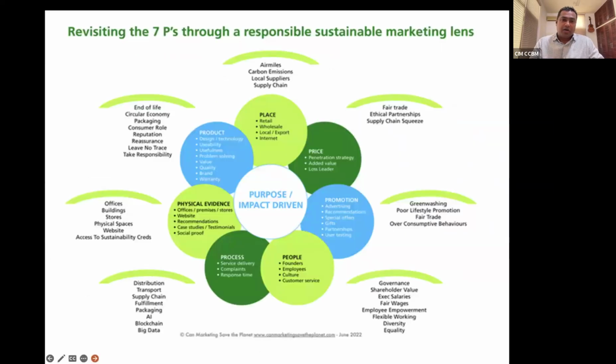And then finally, in conclusion, we talk about the 7 Ps through a sustainability lens, through a responsibility lens. So if you are handling a not-for-profit organization, let's say you are part of an NGO, a non-governmental organization, right?